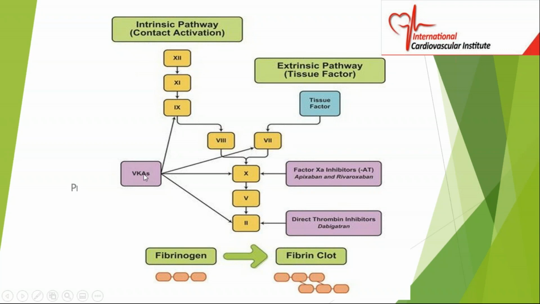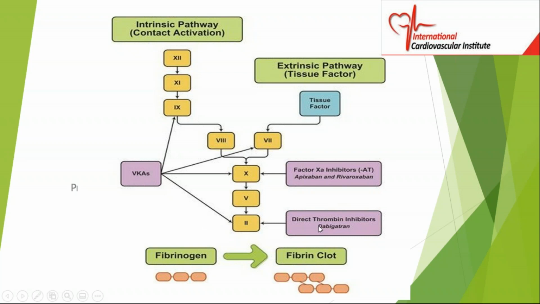Your warfarin, which is a vitamin K antagonist, acts at factor 9, it acts at factor 7, it acts at factor 10, and factor 2. So these different factors, that's where your warfarin acts, okay? So factor 2 is thrombin.